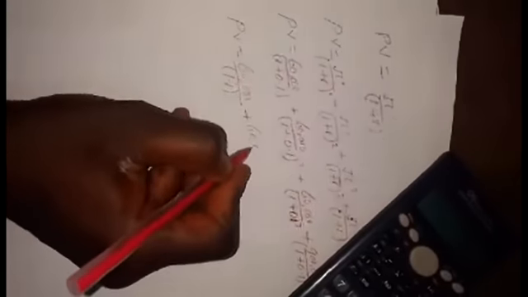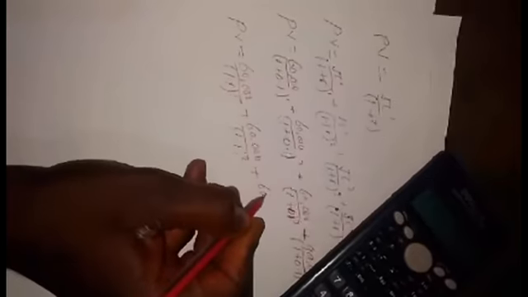Then plus 60,000 divided by 1.1 to the power 2, plus 60,000 divided by 1.1 to the power 3. Then plus 900,000 divided by 1.1 to the power 3.